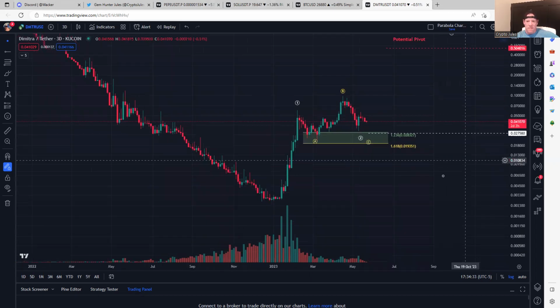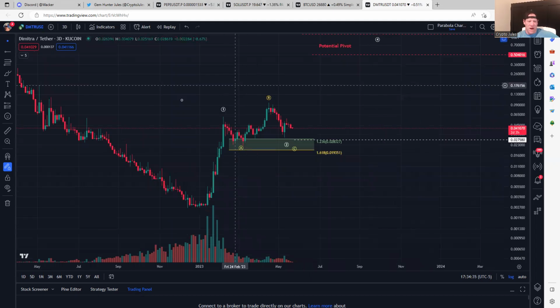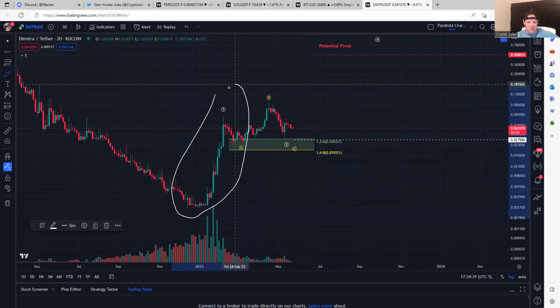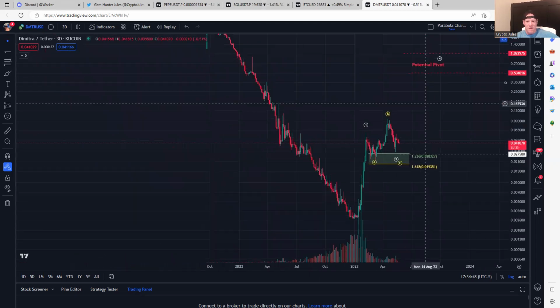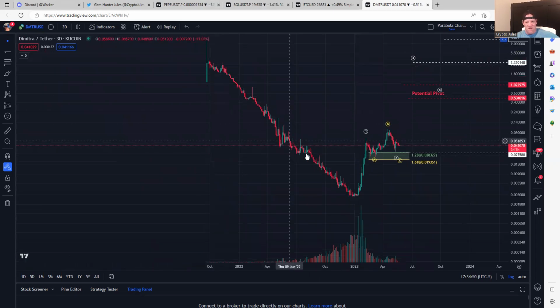So from a macro standpoint, what we've got here is this large impulsive structure right off of the low, which is potentially indicating a trend reversal from this nasty long, basically straight line down from when this thing launched in the bear market to when it bottomed down here.